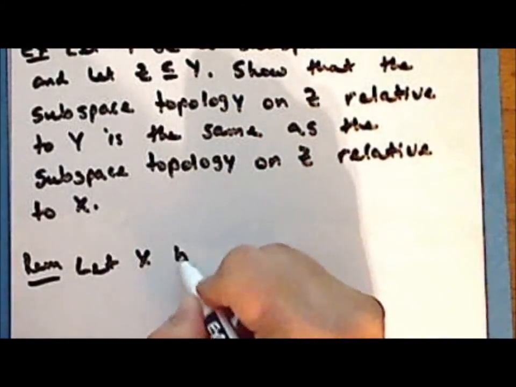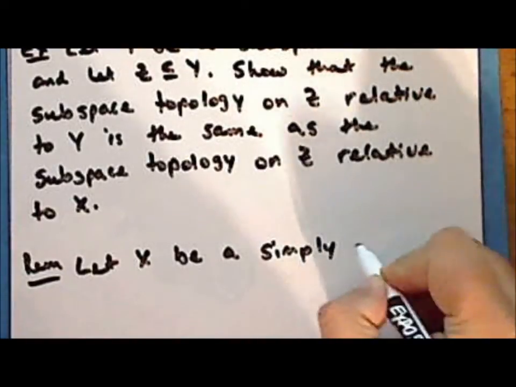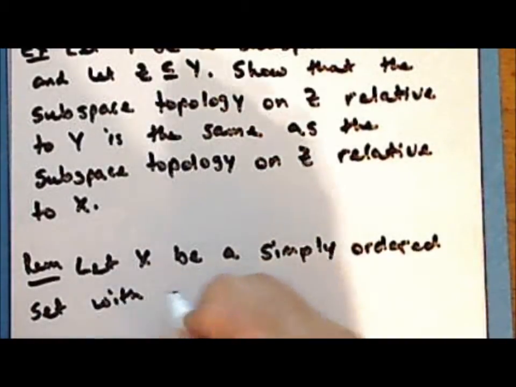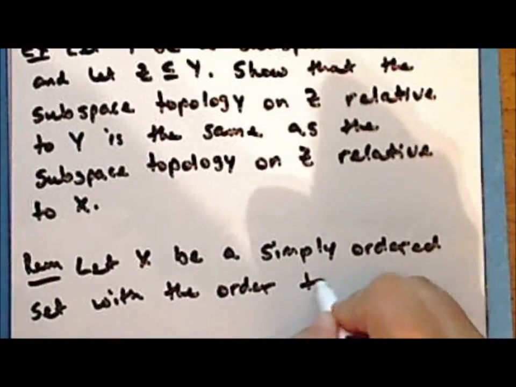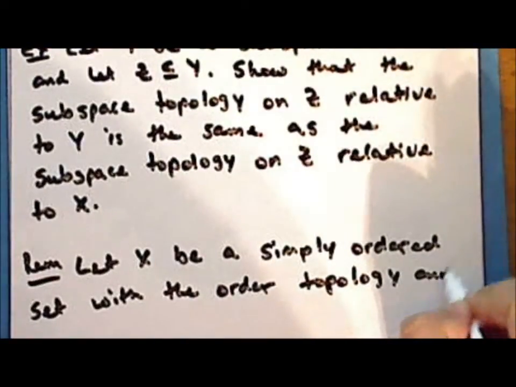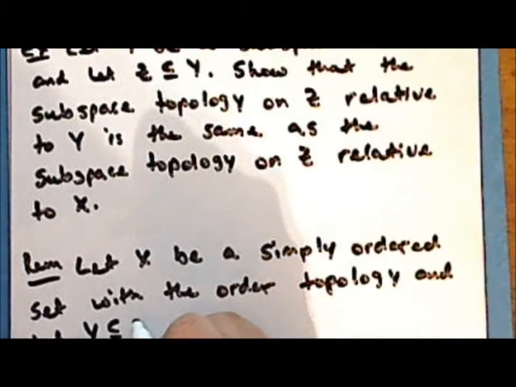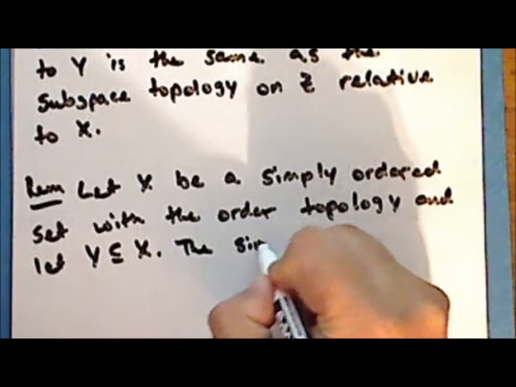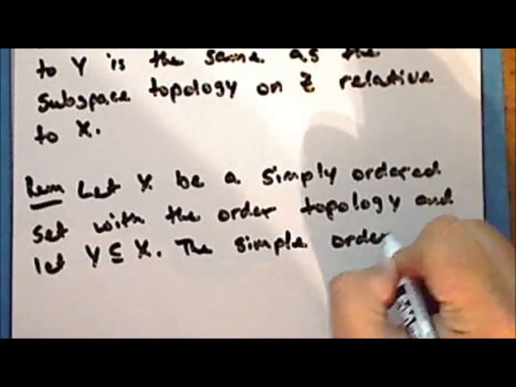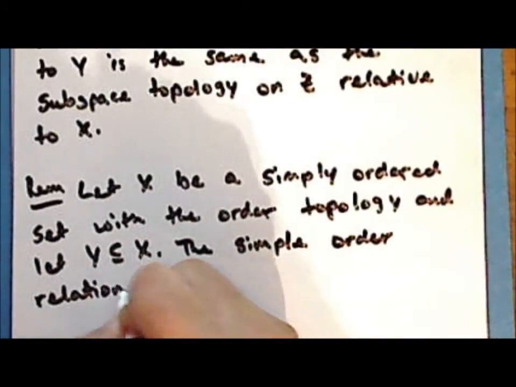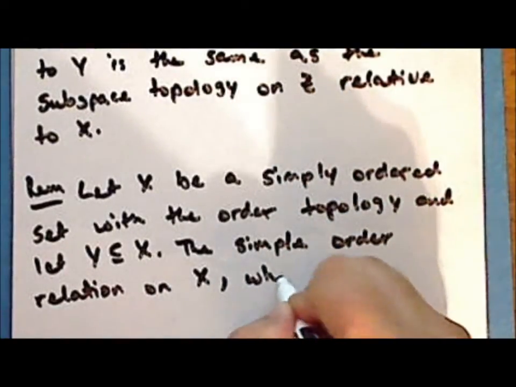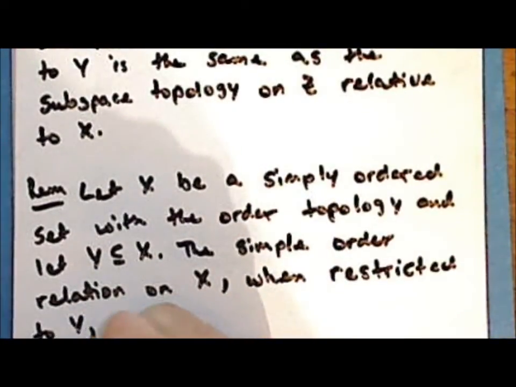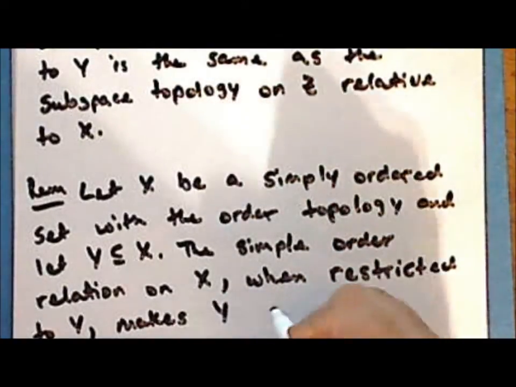Now let X be a simply ordered set with the order topology, and let Y be a subset of X. Then the simple order relation on X, when restricted to Y, makes Y a simply ordered set.